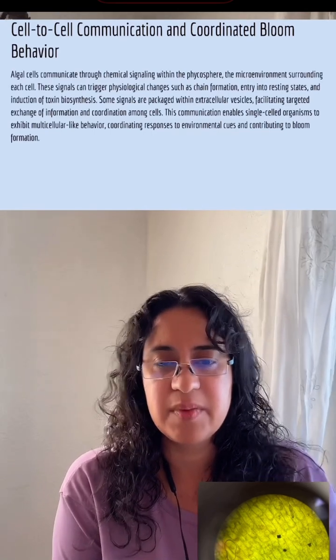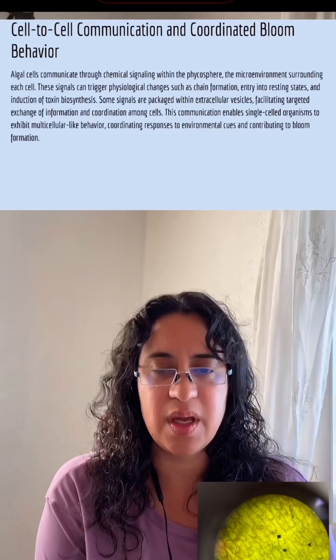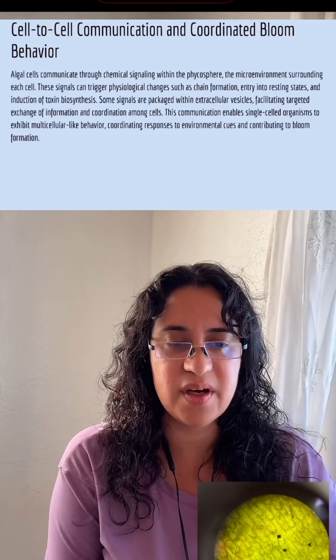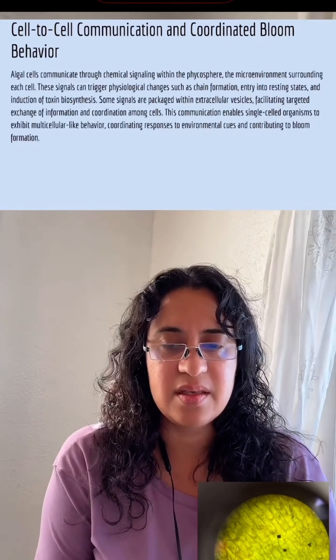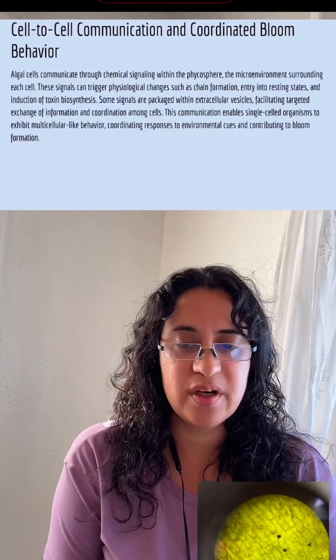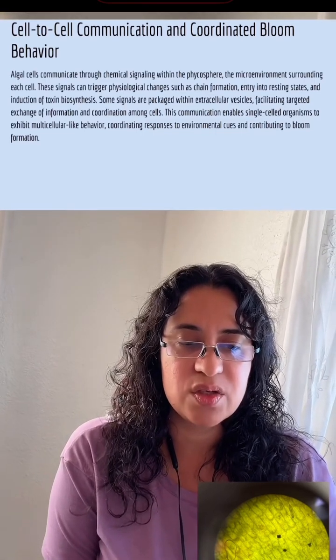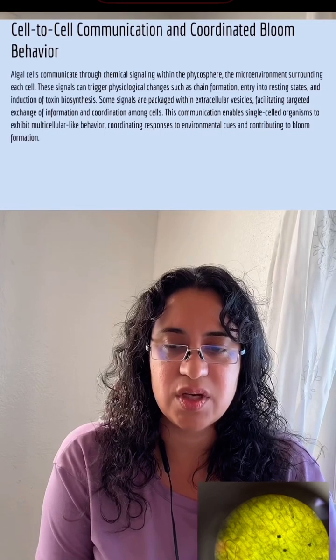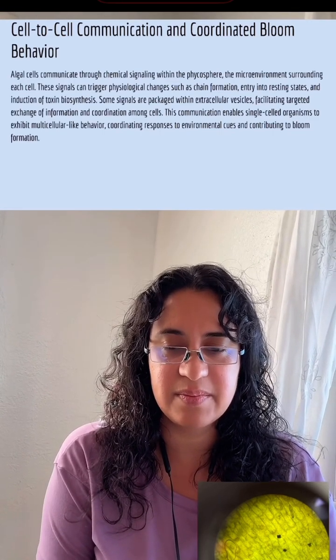Cell-to-cell communication and coordinated bloom behavior. Algae cells communicate through chemical signaling with the phycosphere, the microenvironment surrounding each cell. These signals can trigger physiological changes such as chain formation, entering into resting states, and initiation of toxin biosynthesis.